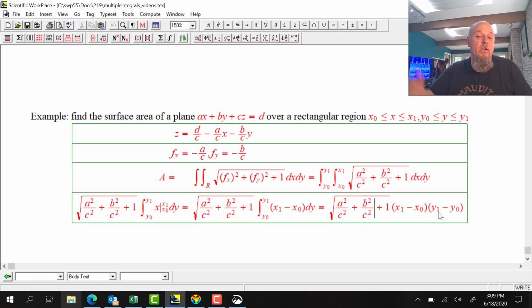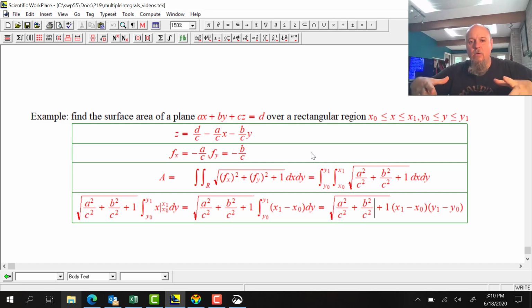But we've got a surface area formula in terms of its rectangular shadow. And if c goes to infinity, what happens when c goes to infinity? Then the plane is just flat.